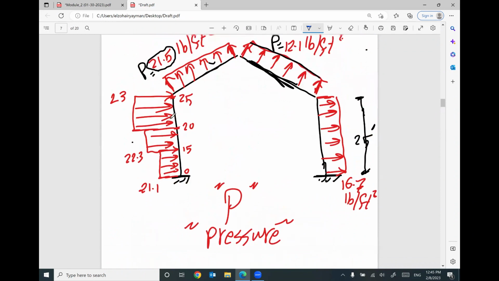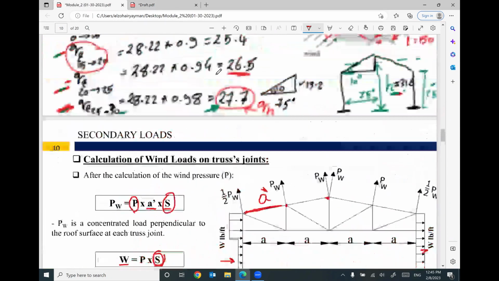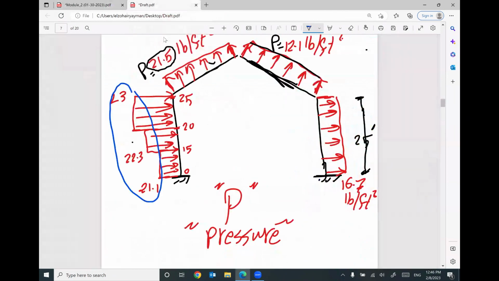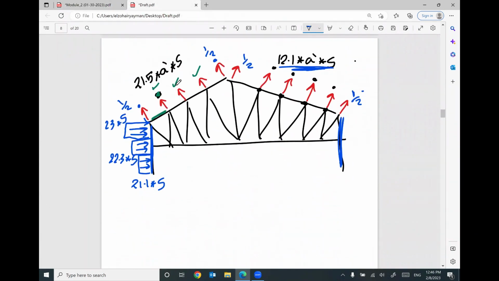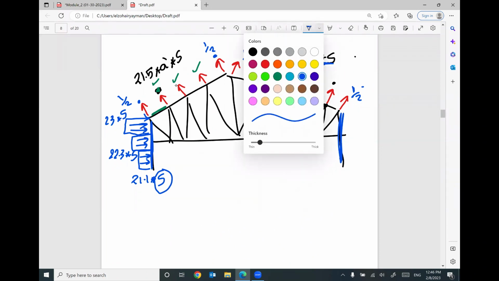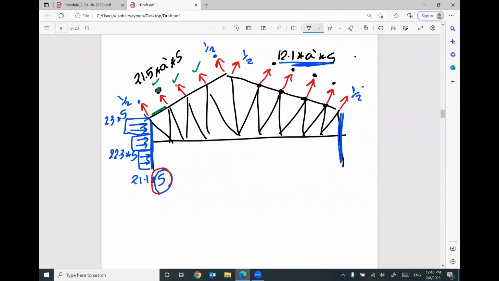Hey guys, these values represent the wind pressure for the whole surface, this side of the building. I need to convert this pressure on the side of the building to pressure on one truss. This is the reason why I multiplied it by S, because each truss is supporting from center line to center line.